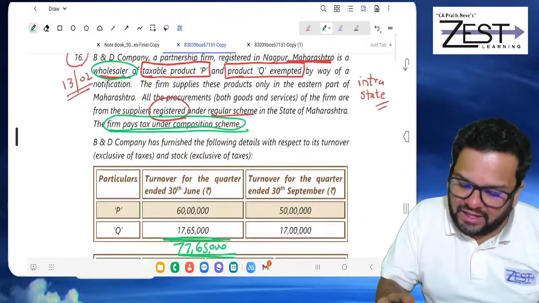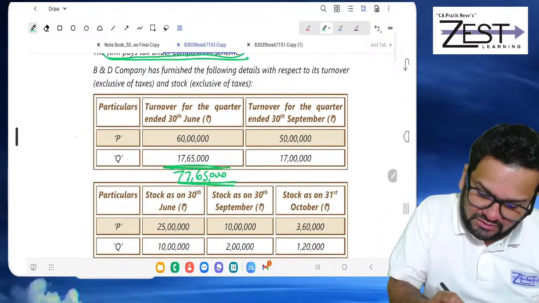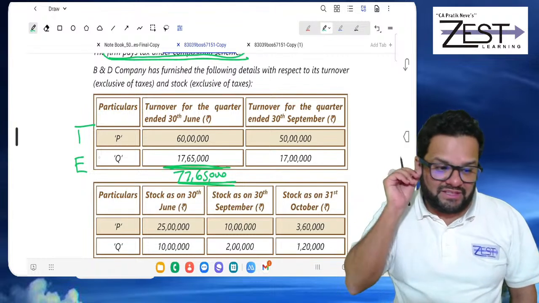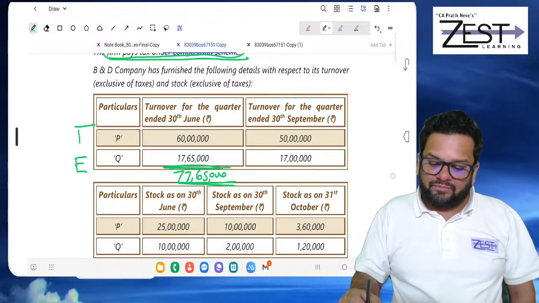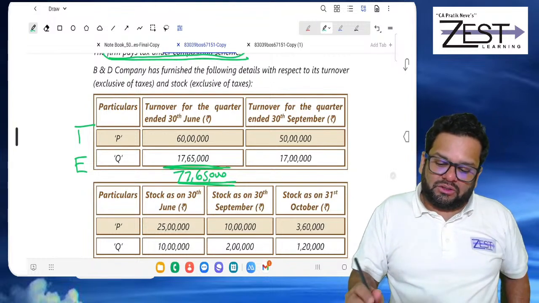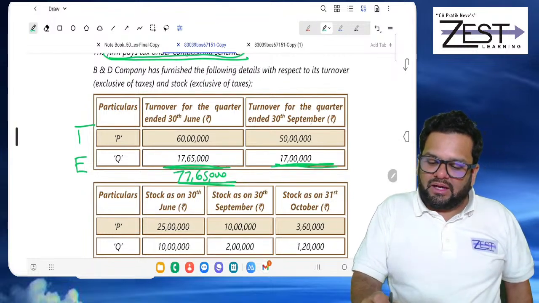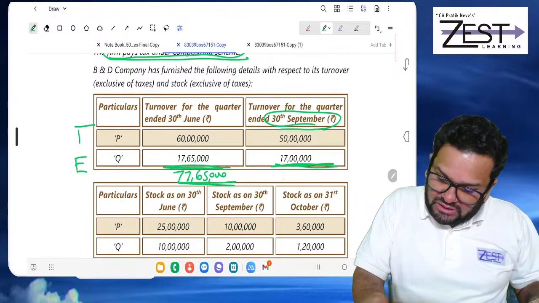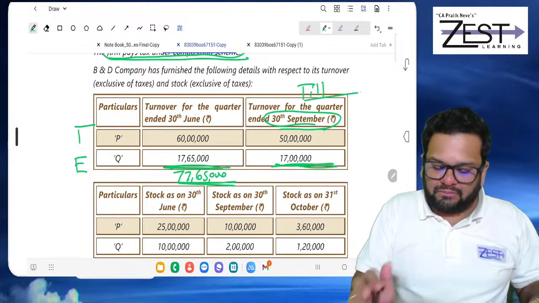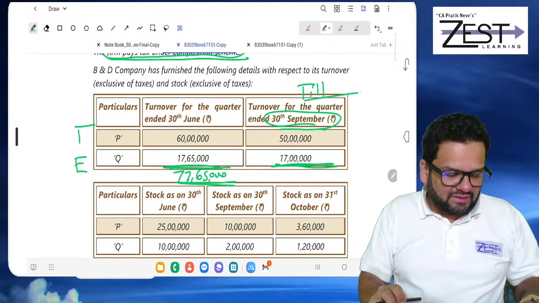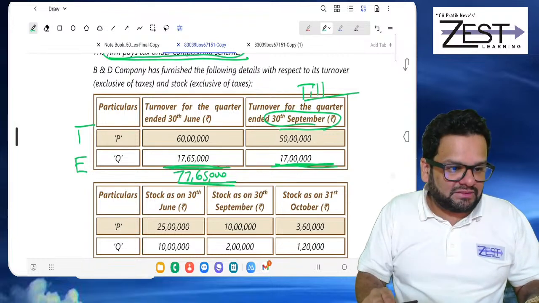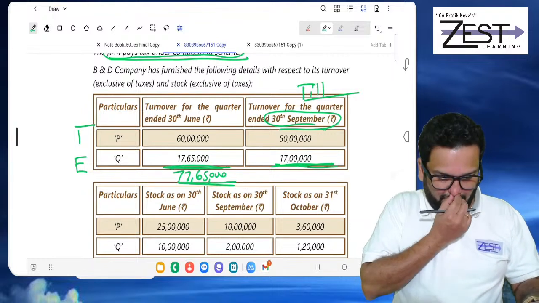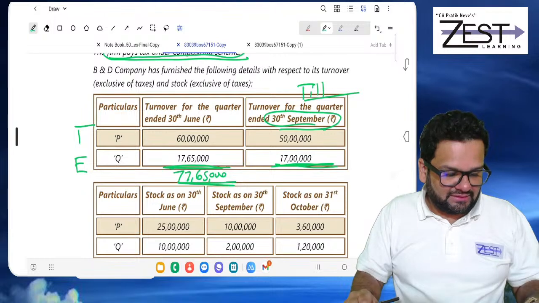Okay, let Q be exempt. But see, this is taxable, this is exempt. But exempt supply also forms part of aggregate turnover. Isn't it? Now do one thing. Calculate your cumulative turnover ending the quarter of 30th September. So in short, I want till 30th September. So take on your calculator 77 lakh 65,000 plus 50 lakhs plus 17 lakhs.